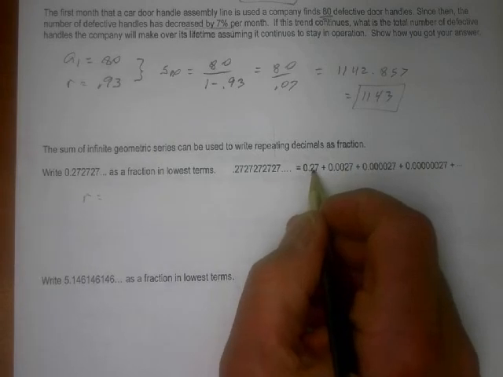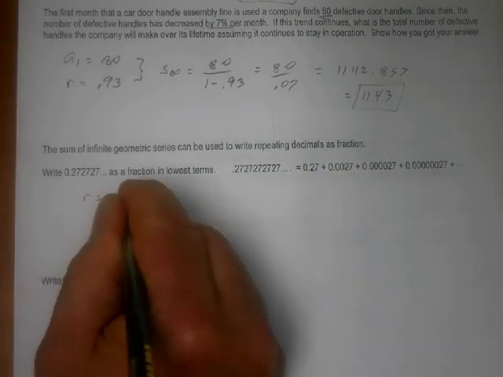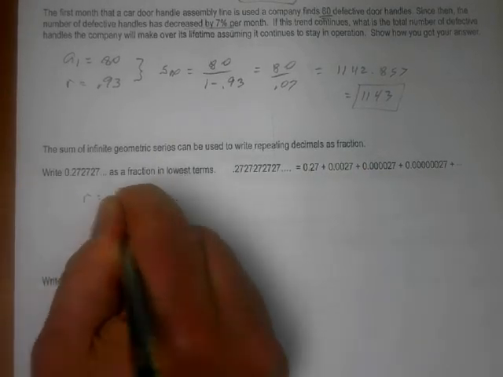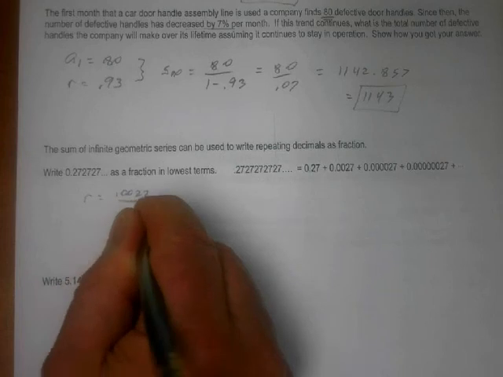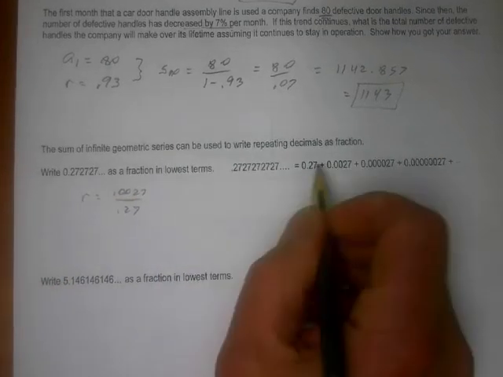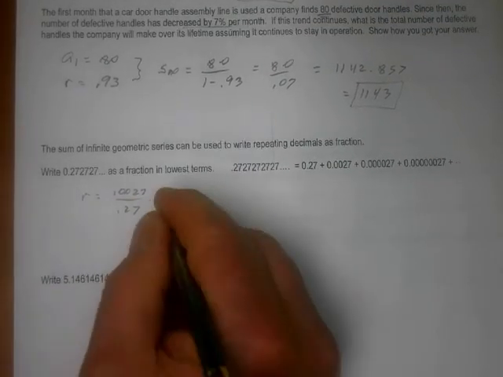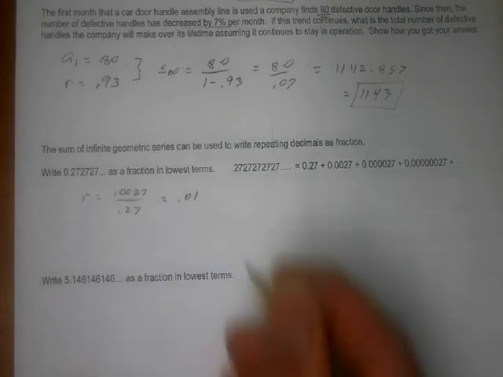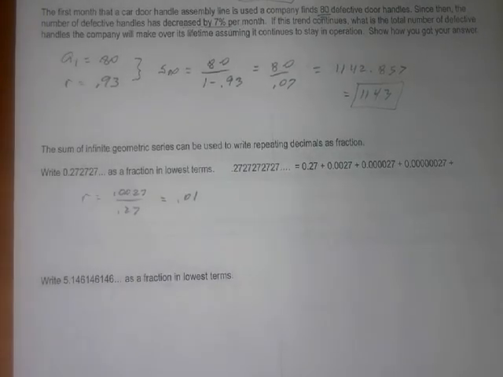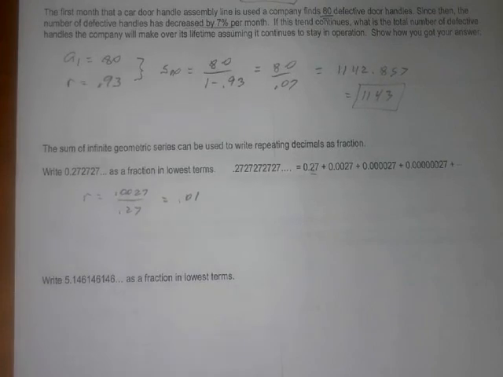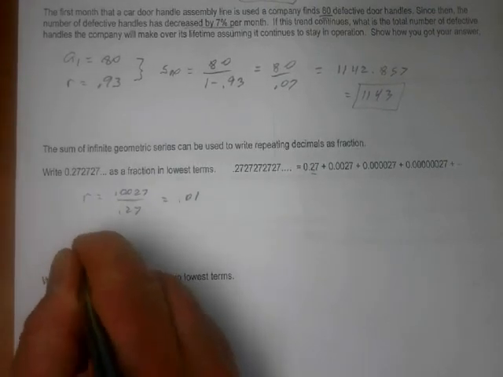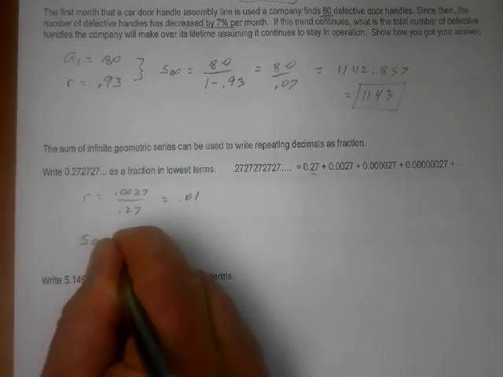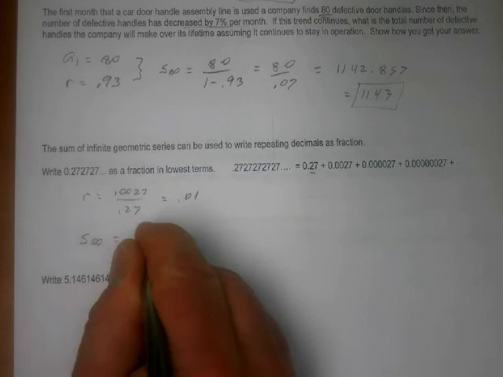I am going to let r equal 0.0027 divided by 0.27. That's just given to me right here. This equals 0.01. Now, a sub 1 is 0.27.